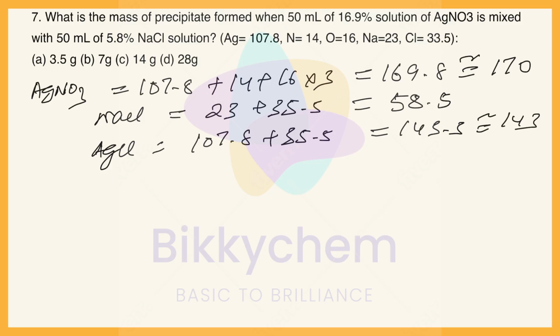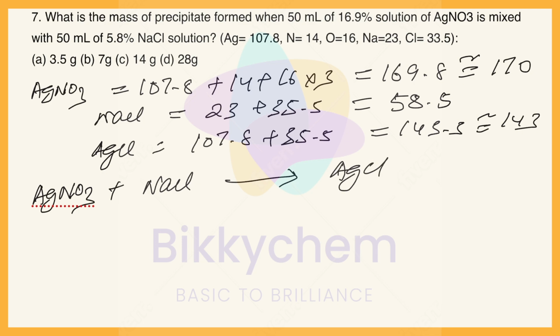So during the reaction, AgNO3 reacts with NaCl to give AgCl plus NaNO3. So as per the molar mass, it is 170, it is 58.5, it is 143.